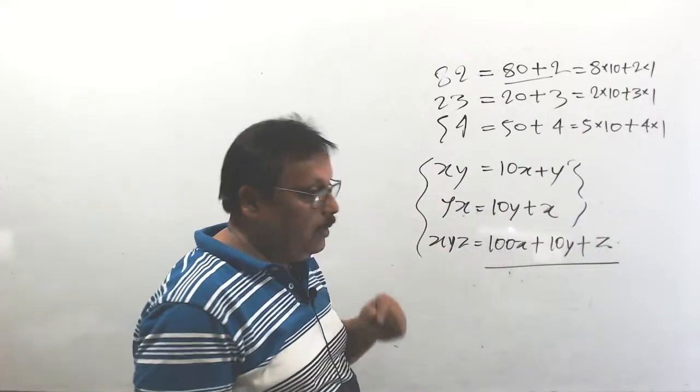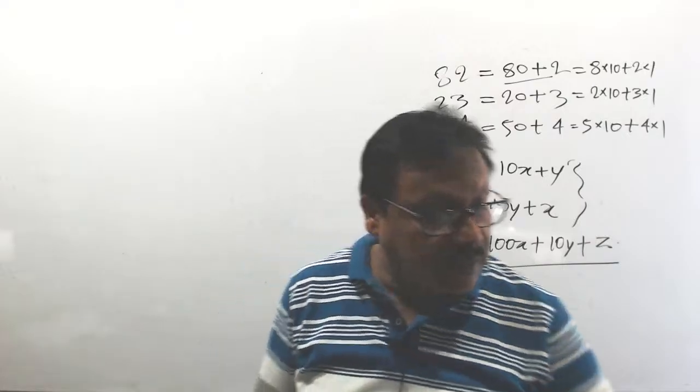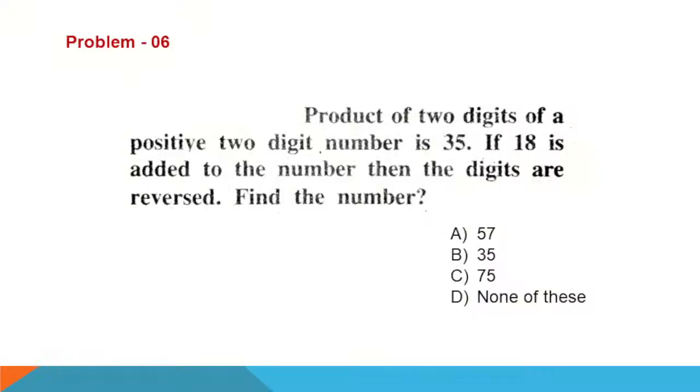Now come to the problem again. The product of the 2 digits of a positive 2 digit number is 35.